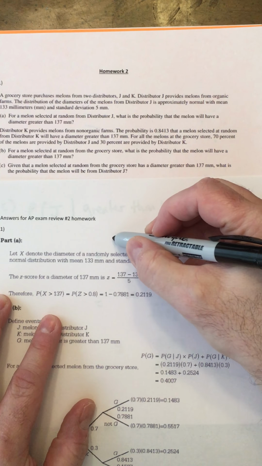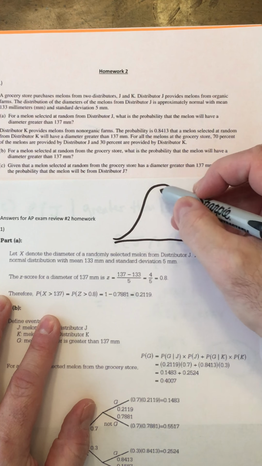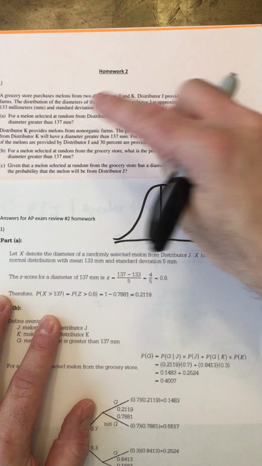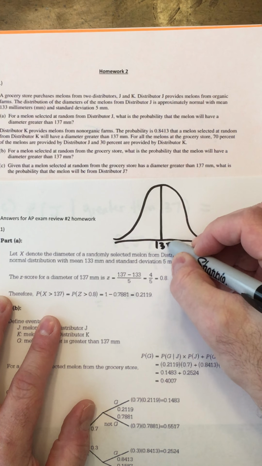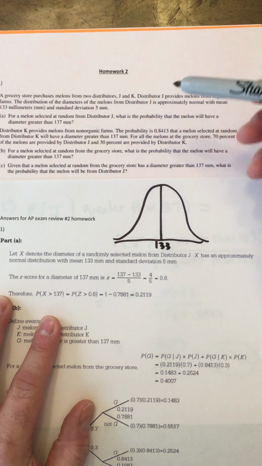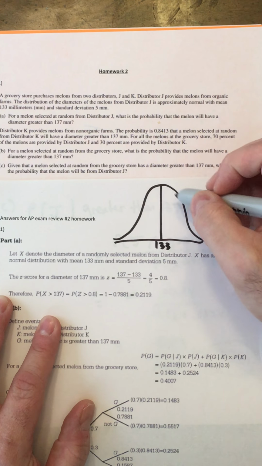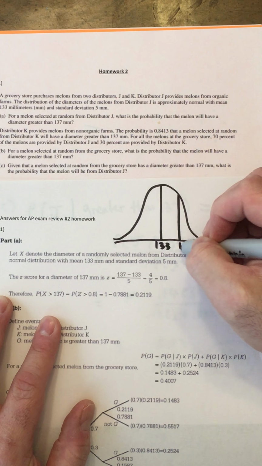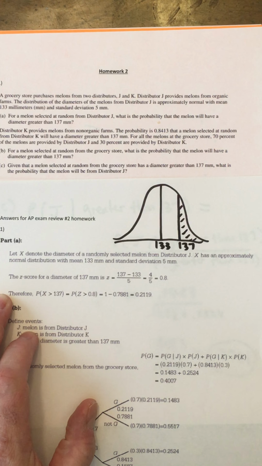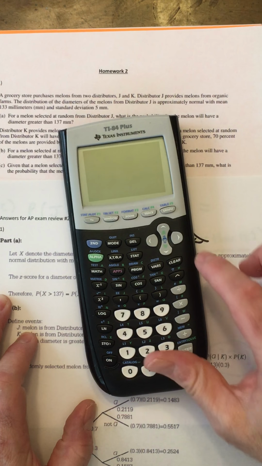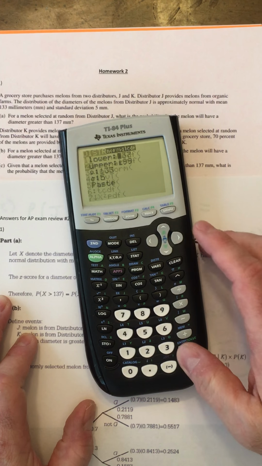I'm going to do it over here for you. It's normally distributed. We know that the mean is 133 and the standard deviation is 5. We want to know the probability that the melon will have a diameter greater than 137. That's over here, so basically it's all that area. In your calculator, since this is a normal distribution, press 2nd VARS for the distributions, normal CDF.